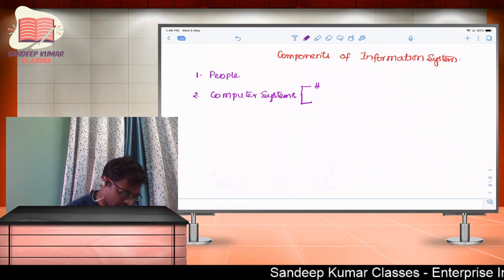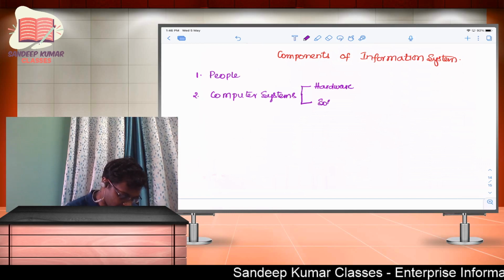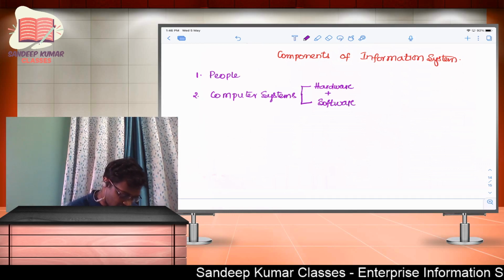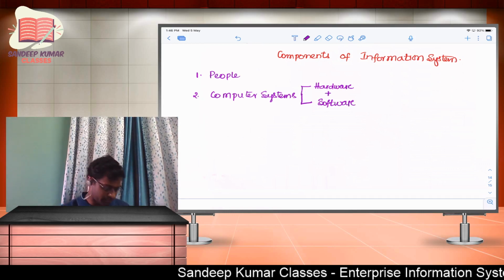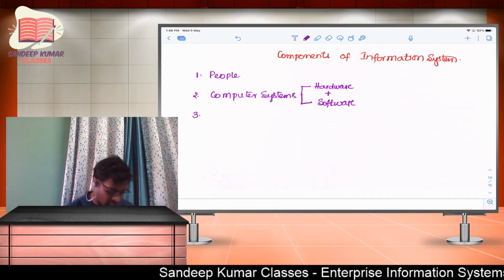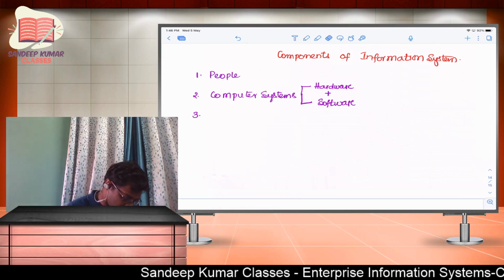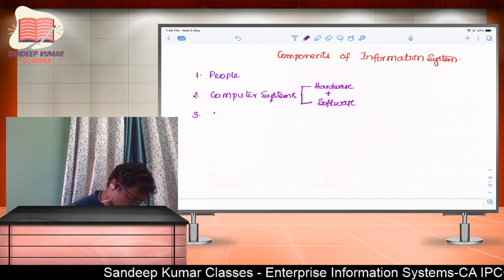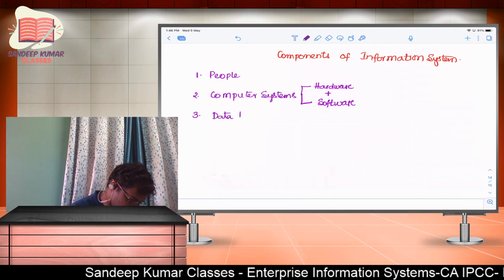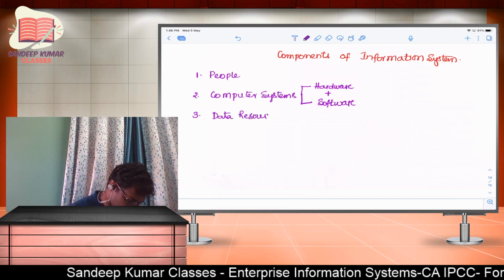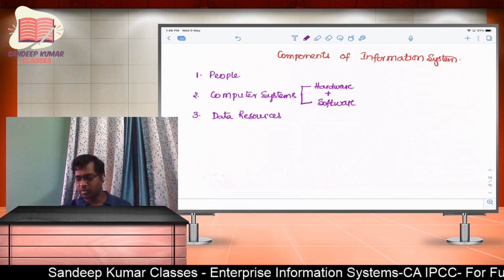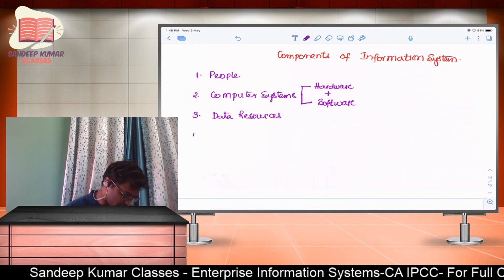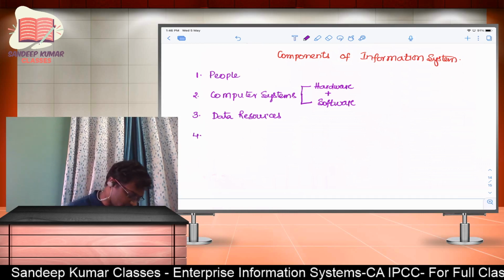The third one is data resources. And the last one is network and communication.